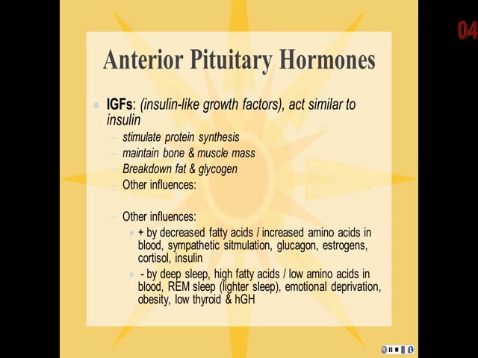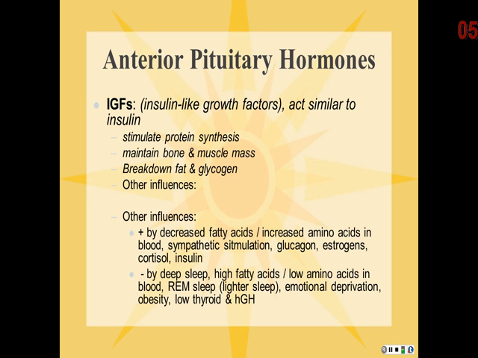The IGFs act similar to insulin, but not exactly the same. The IGFs promote protein synthesis, maintaining bone and muscle mass, and the breakdown of fat and glycogen. Regular insulin promotes fat and glycogen storage, unlike the IGFs. Other things will influence the levels of HGH and IGFs.